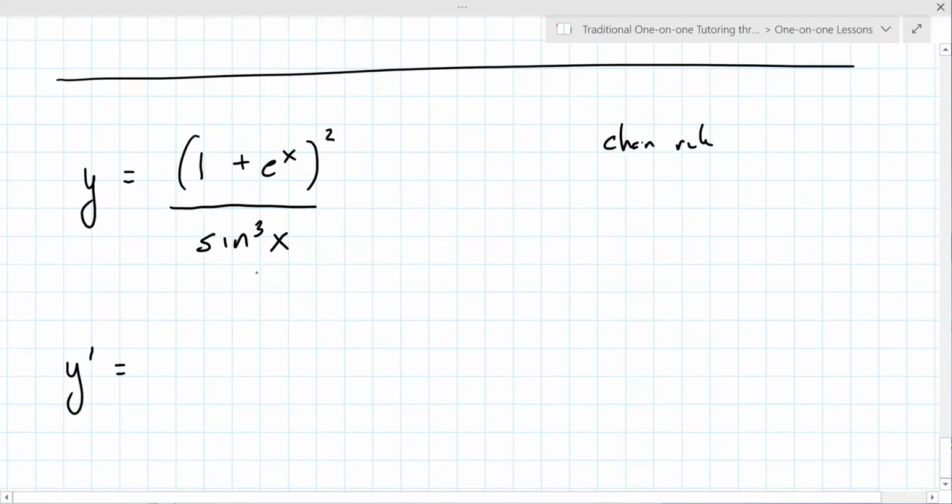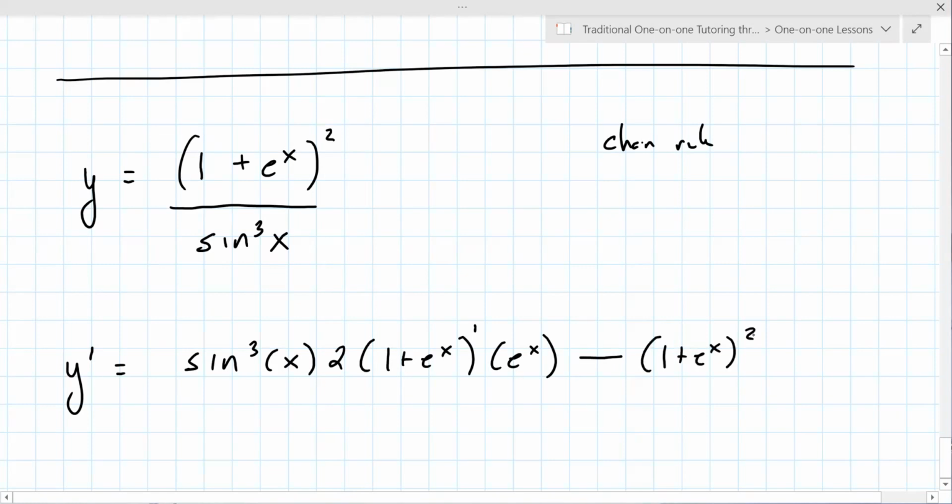You take the bottom function, whatever's in the bottom, and you bring it up. Now you have to take the derivative of the top. The derivative starts with the power: it's 2 times 1 plus e to the x to the power of 1. But then you have to take the derivative of the inside, which is e to the x, minus, keep the top.